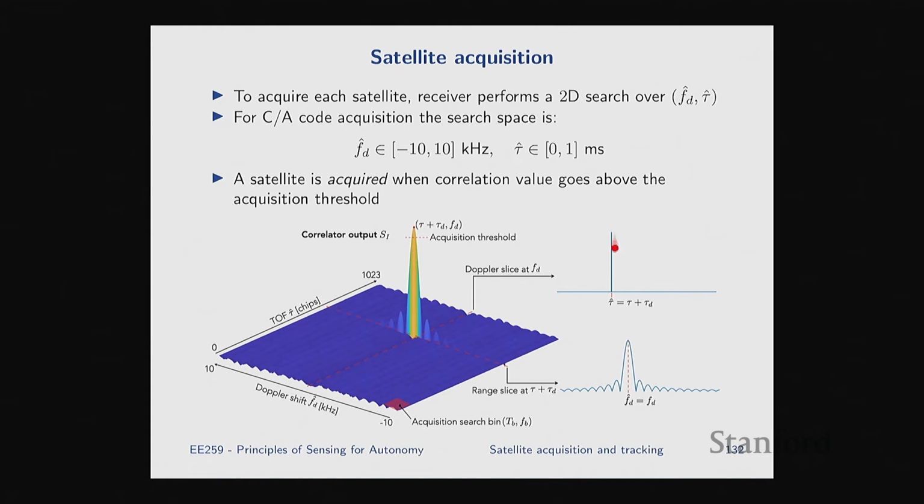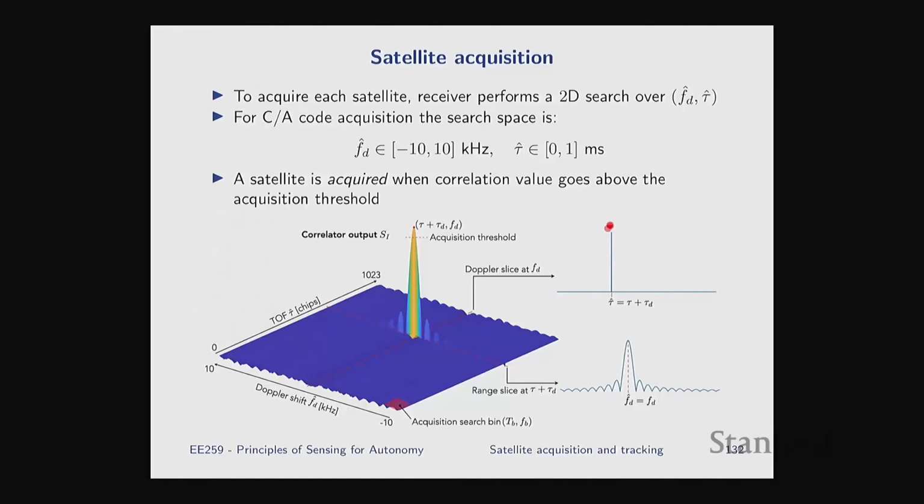You only see a very sharp peak where your tau hat is equal to tau plus tau d. If you're one bin off, or one chip off in code, you get almost nothing. That's because of the mathematical property of these M sequences. The correlation has a very sharp peak, and then it quickly drops to almost 0, right?